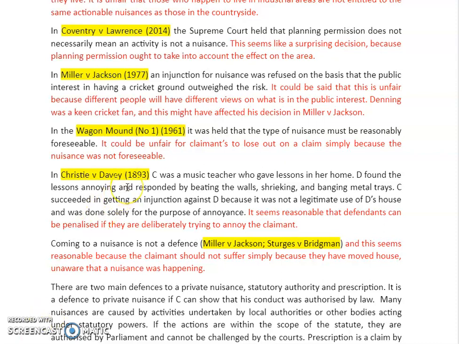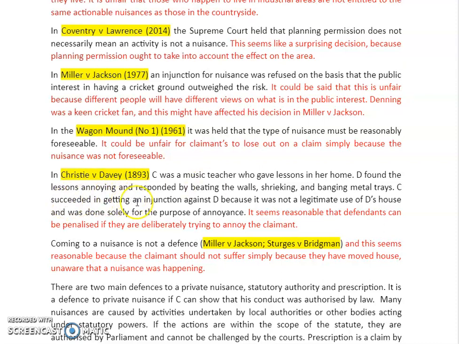We've then got Christie v Davey, again an old case but a very famous one, where the claimant was a music teacher who gave lessons in her home, and the defendant was annoyed by the lessons, so acted with some malice by beating the walls, shrieking, banging metal trays whenever lessons were going on.